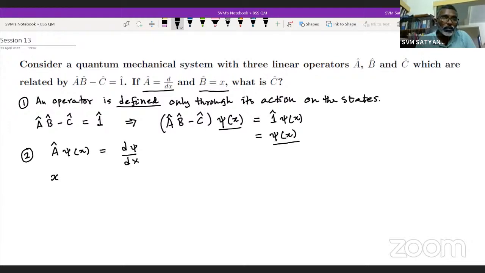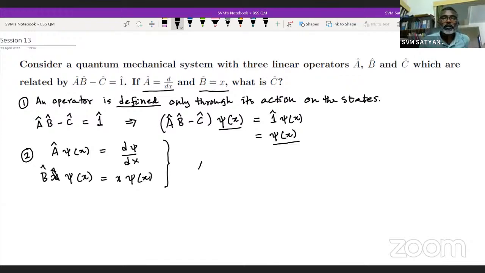And when B is operating on psi of x, it is simply x into psi of x. Okay, so this is our convention, our correspondence.